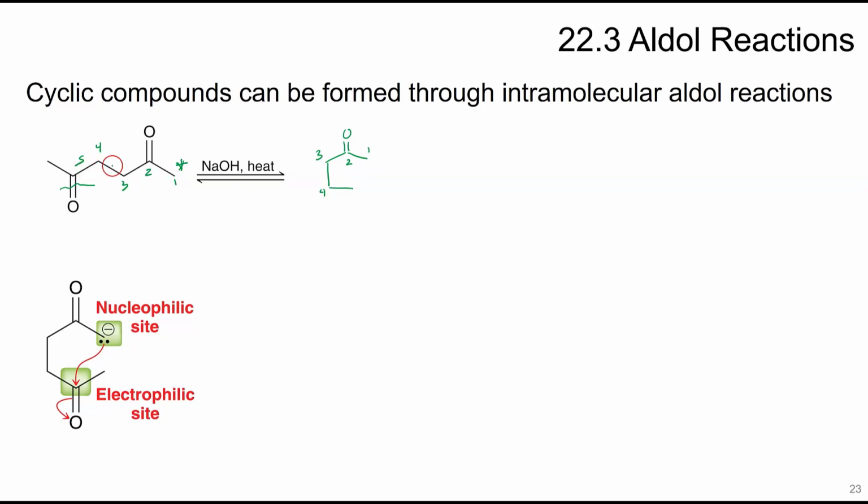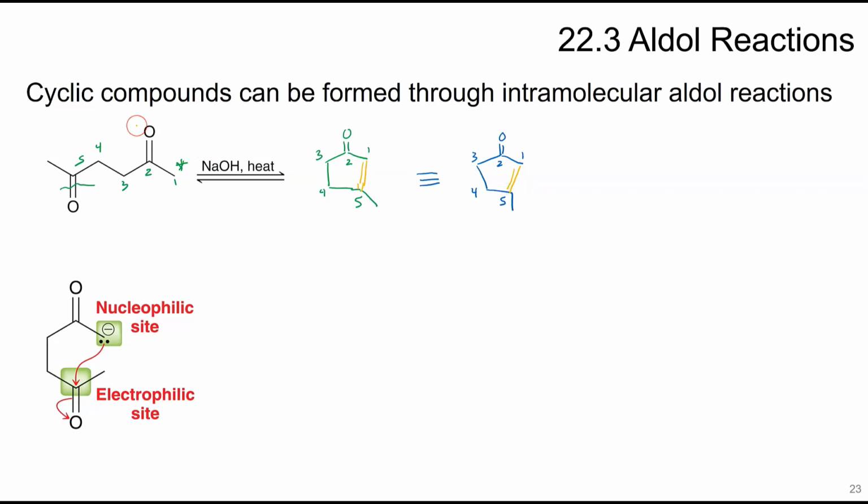So I'm going to make a 5-membered ring. This is 5, and at 5 I have a methyl group. And the new bond is going to occur between 1 and 5. So there's a double bond here. So I'm going to redraw that quick because this is kind of sloppy. 1, 2, 3, 4, 5, and the new bond forms there. Okay, it's still not the prettiest, but you get the idea there.